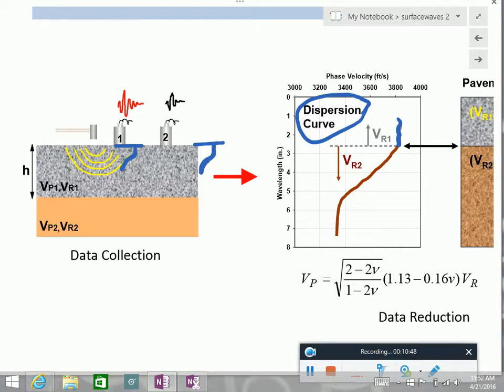Then this velocity corresponds to the velocity of concrete only, because the wave has been traveling only through concrete. Is this clear for everyone? This is clear? Okay.